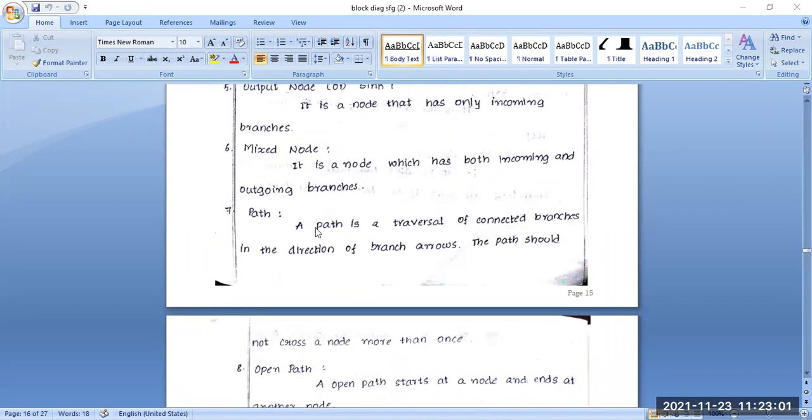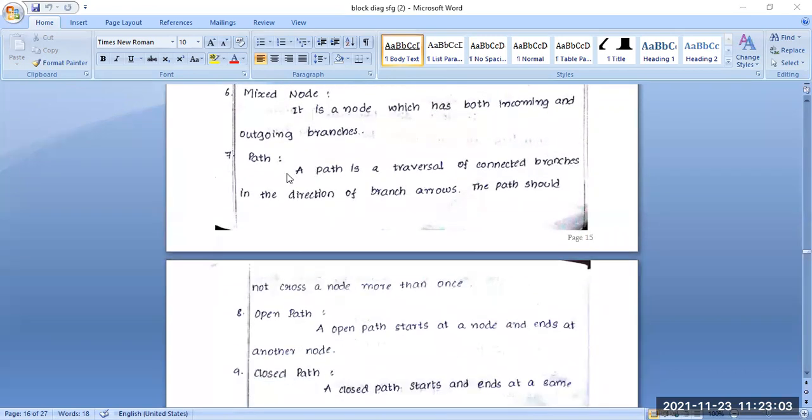Then path. What is a path? This is very important in our signal flow graph method. A path is a traversal, that means a travel method. A path is a traversal of connected branches in the direction of the branch arrow, and this path should not cross a node more than once.